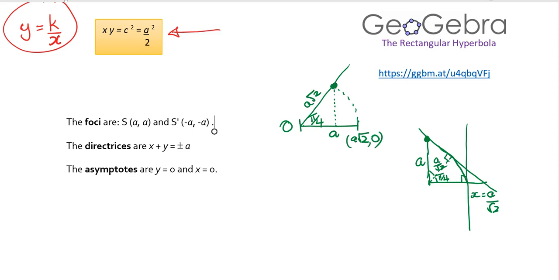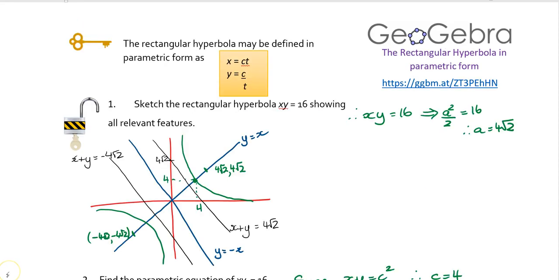So we have these relationships for the foci and the directrices, and the asymptotes of our new hyperbola are, as we have known for a long time, y equals 0 and x equals 0. So the rectangular hyperbola can also be defined in parametric form as x equals ct, y equals c on t, where again remember that c is equal to a on root 2.